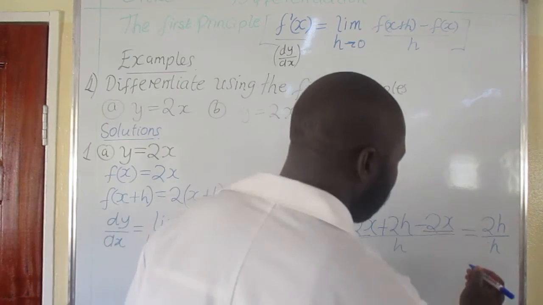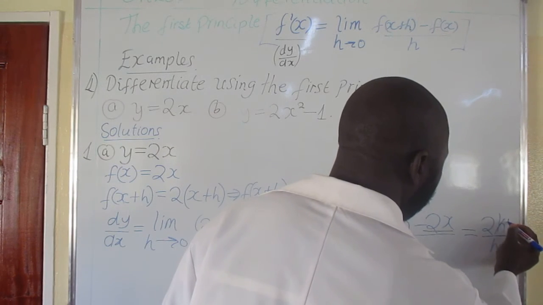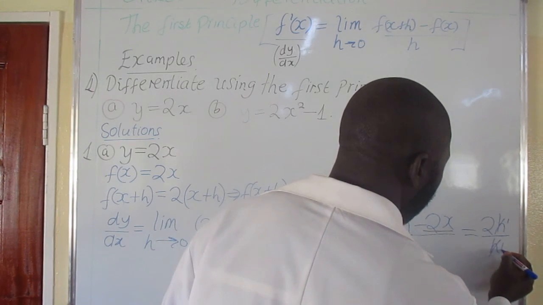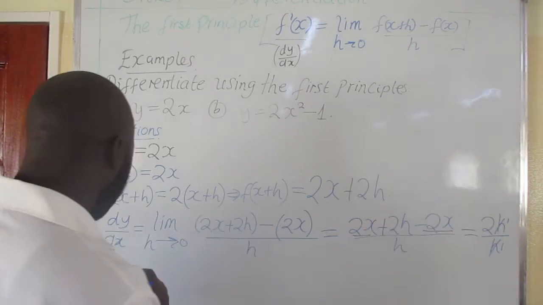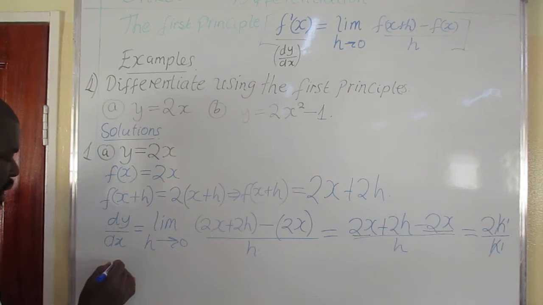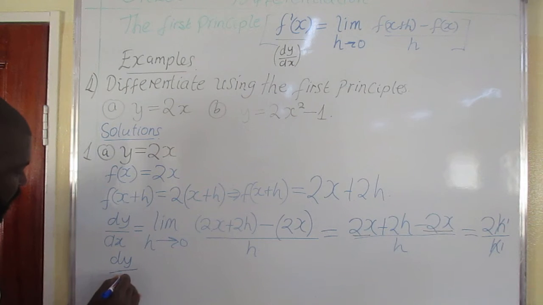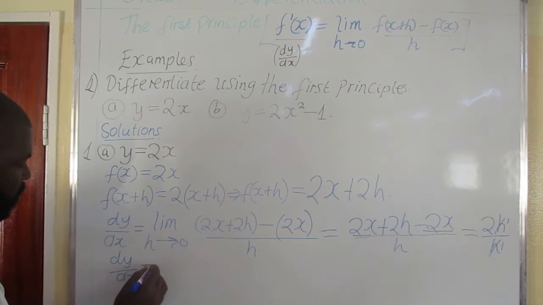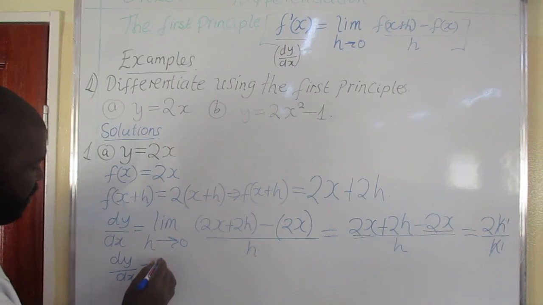So we can easily say h there is 1 and h there is 1. So that finally dy dx will be given by 2.